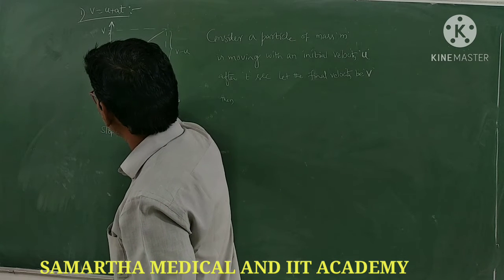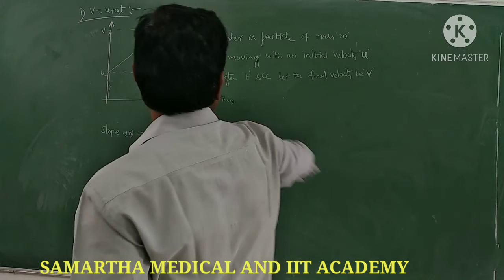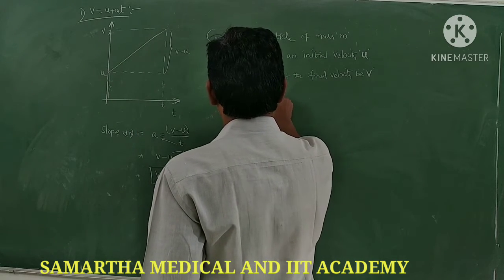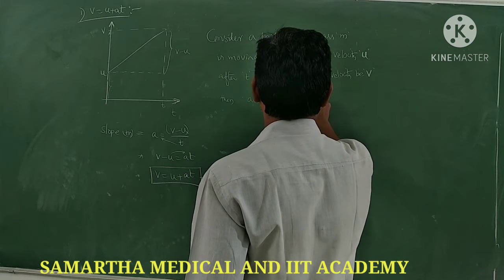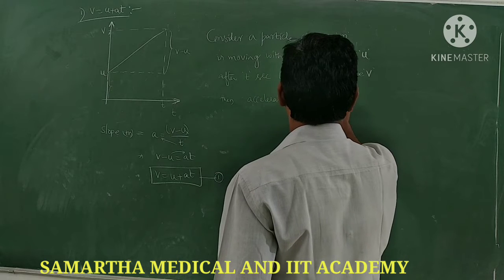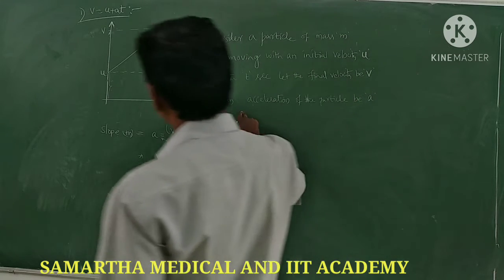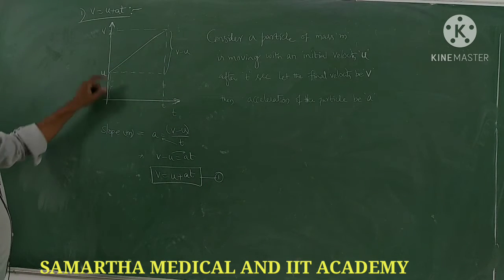That is u here. From there it is linearly increasing. Let the acceleration of the particle be a. To calculate the acceleration, we take the slope of the curve.